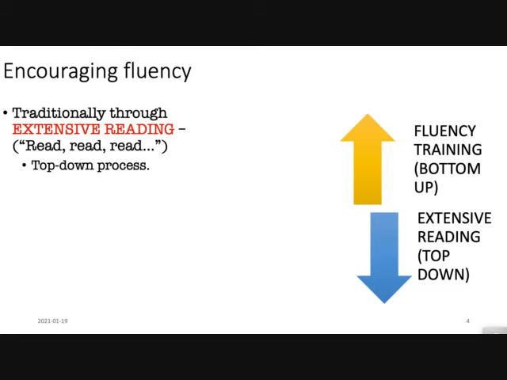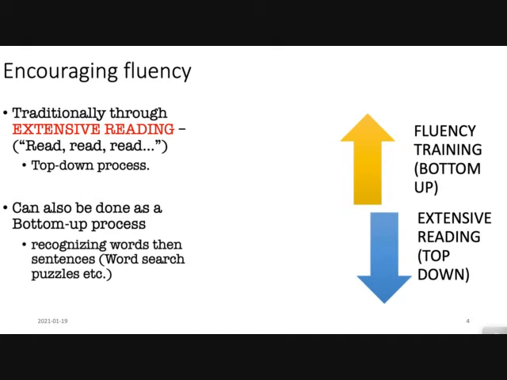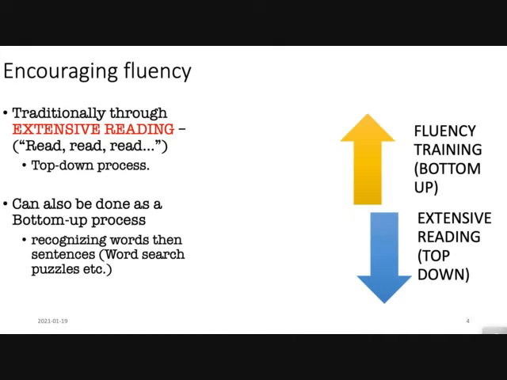But because we don't have a lot of exposure to language in a second language the same way we do in a first, we can also do this as a bottom-up process. So that means training students with specific exercises to recognize words, then sentences. And these are actually pretty fun things to do. So you can do like word search puzzles, etc. Crawford has quite a few different examples of these in his article.